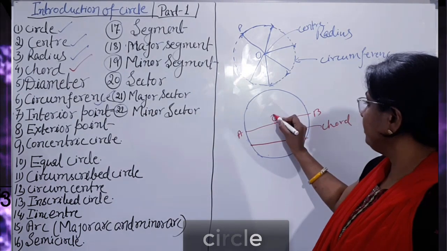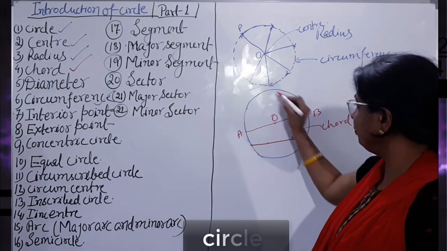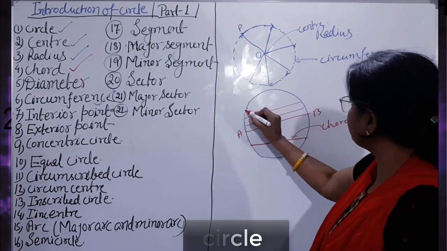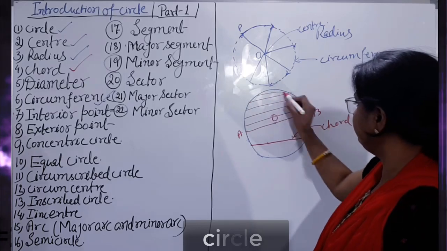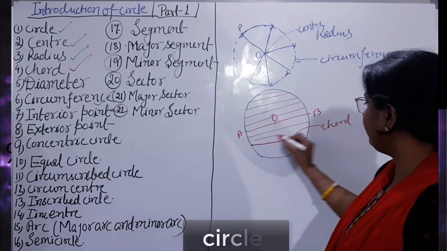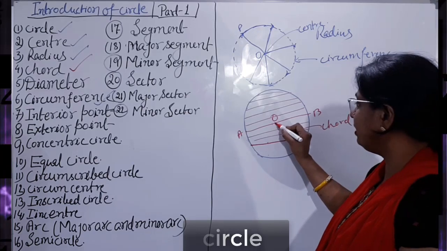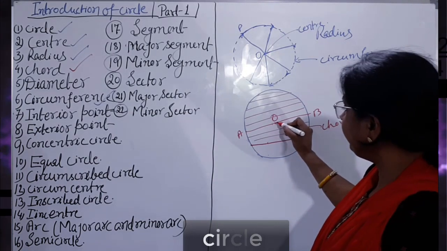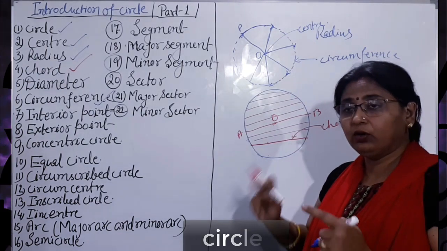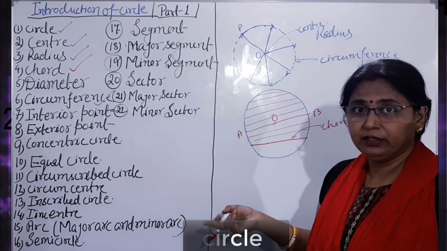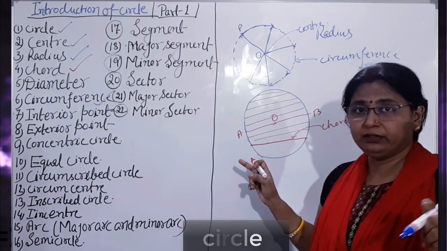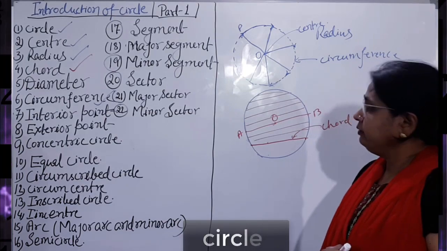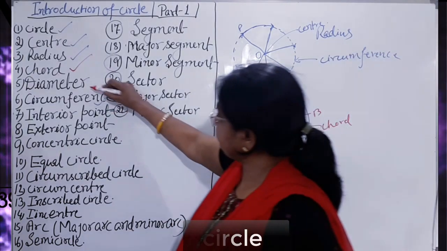That means the biggest chord of the circle is called diameter. All diameters are chords, but all chords are not diameters. Biggest chord we can say a diameter. Now your diameter is clear.